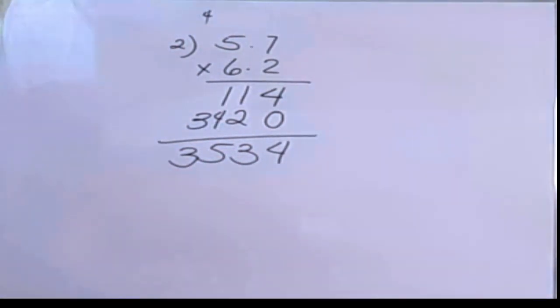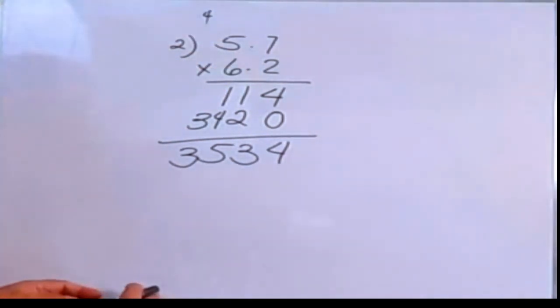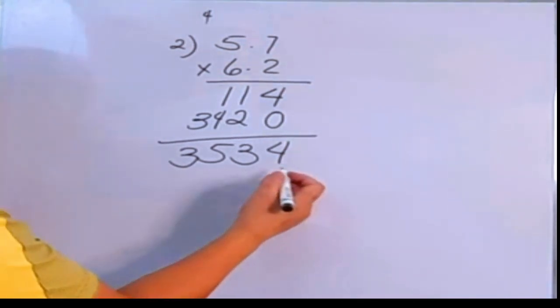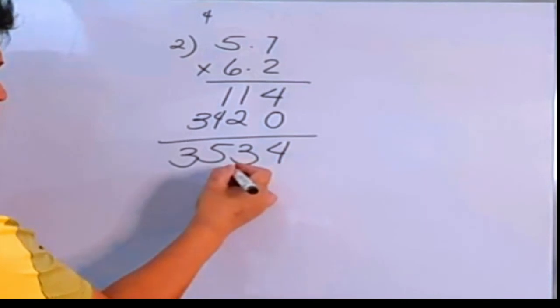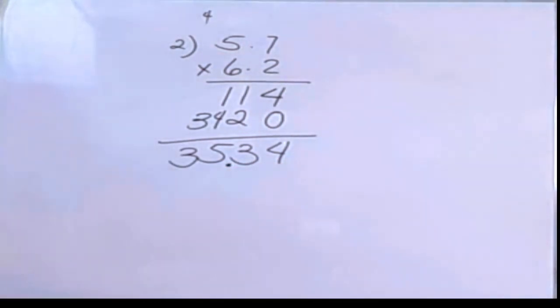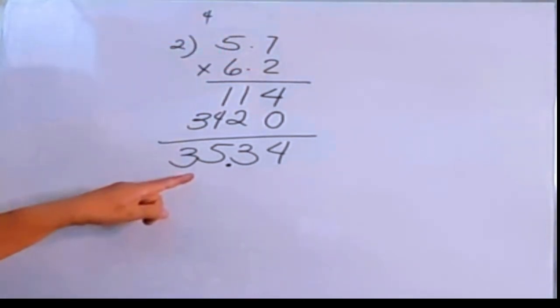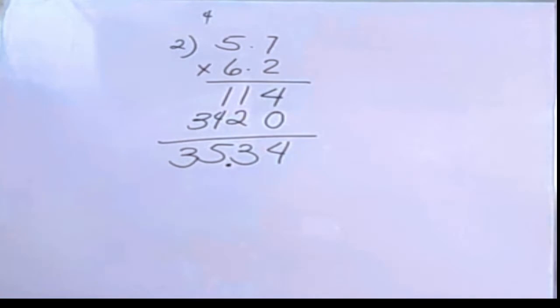Where are we going to put our decimal point? 1 here and 1 here, that makes it 2. So in your answer, we count 2 places from 4. So that is 1, 2. There is your decimal point. So 5.7 times 6.2 is 35.34.